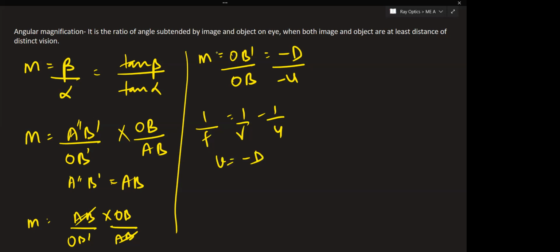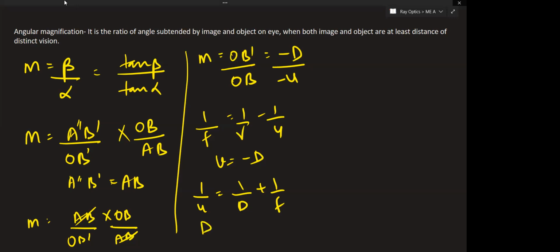So if you substitute, this will become 1 by D plus 1 by F, because the negative will become positive. So class, see, this is 1 by U equals 1 by D plus 1 by F. Now just take the reciprocal of it, or just take D common from here. If you take D common from here, what will you be left with? See, D by U will be there on this side.